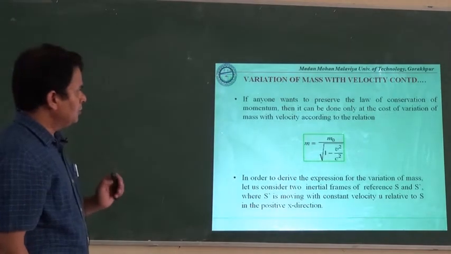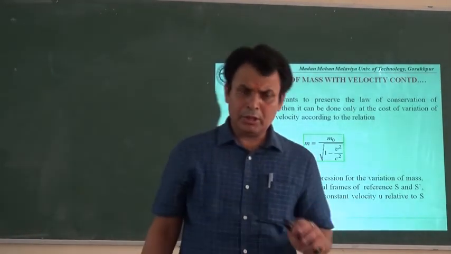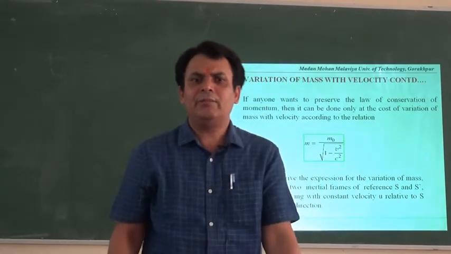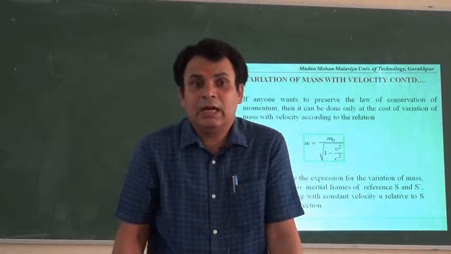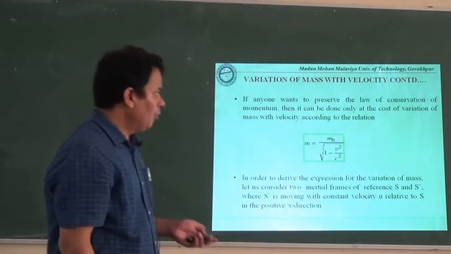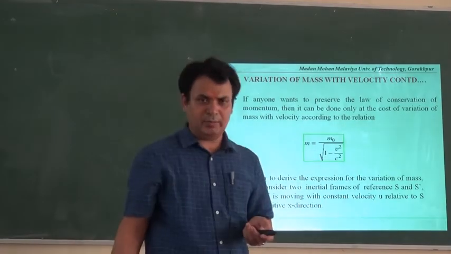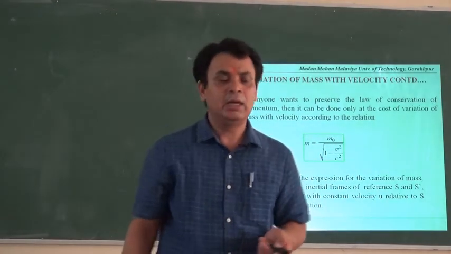Here, in order to derive that, let us recall what we have read in our lower classes, that the variation in the mass of a body is m equal to m0 upon under root 1 minus v square upon c square.